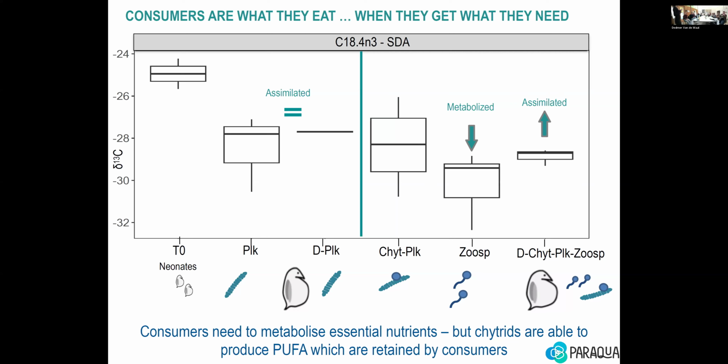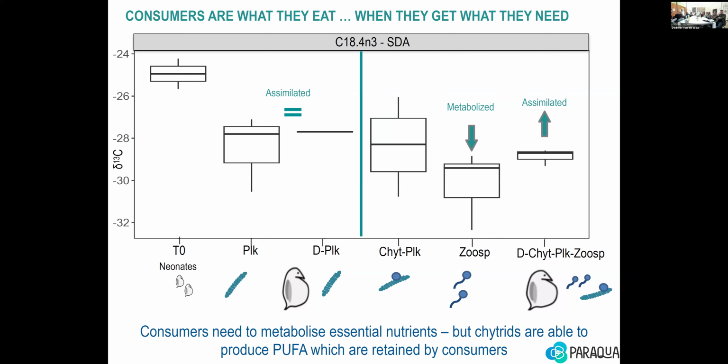It's a method that can be even more sensitive than classical methods. Here we could detect a signal even if the fatty acid was not detected in the biochemical profile. So the sensitivity is higher. We could observe that the Daphnia feeding on the Planktothrix had exactly the same signal, so they were assimilating from the lipids that already existed in the Planktothrix.